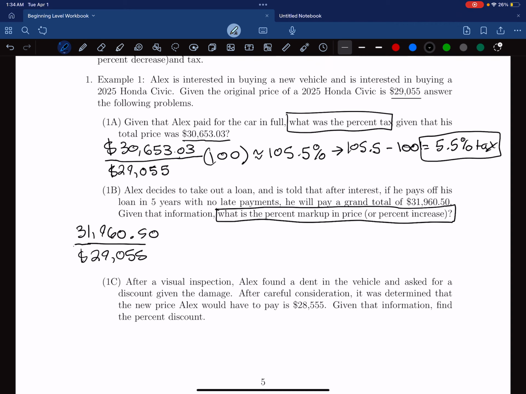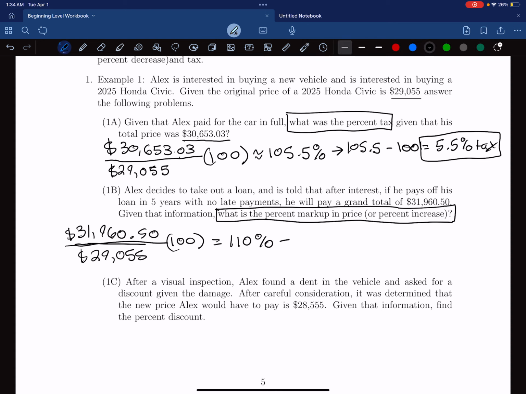31,960.50. So, and then from there, we're going to multiply that by 100. And that is going to get us 110. And because this value is over 100%, we want to know the percent increase or the percent markup in price.